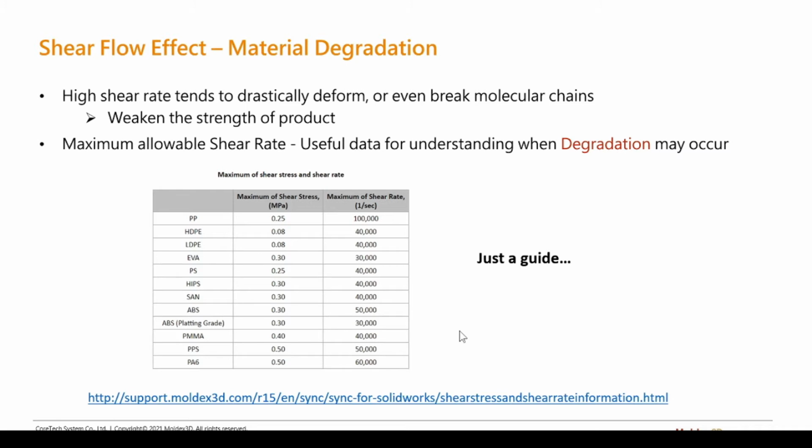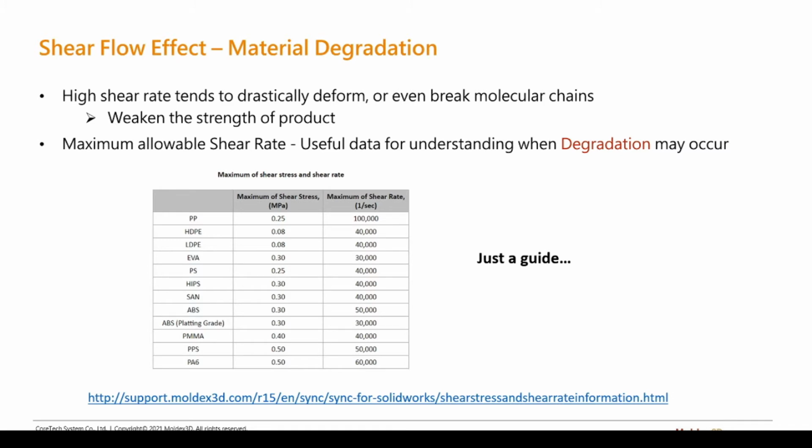And the reason why these are so generic is because there's no way to physically measure shear rates or shear stress. You can't take a probe and put it into your melt and say, okay, yeah, this is at 40,000 inverse seconds of shear rate. There's no way to physically measure shear rate or shear stress.